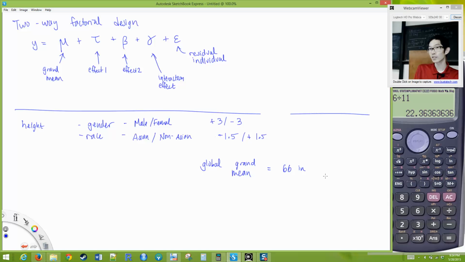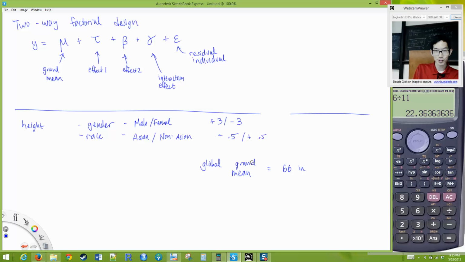Sorry, let me change these numbers on us. Let me just do plus or minus 0.5, because I think 1.5 is too much for the Asian differential here. Okay, so globally, let's say the grand mean is 66.